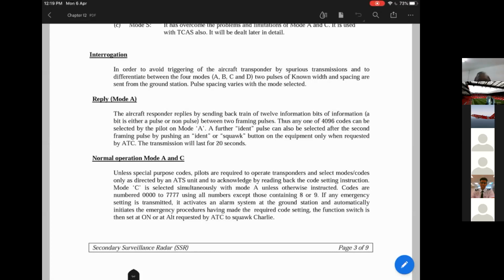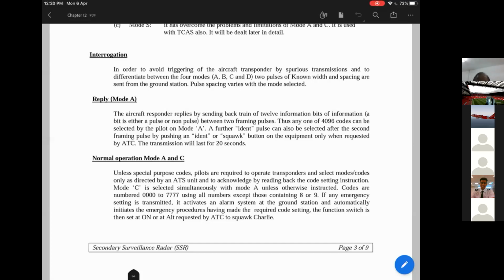But the number of codes available is 4096. That means, if you talk about the normal sequencing, the number of codes available should be 7777 because you're starting from 0000 to 7777. But codes available is 4096 only.